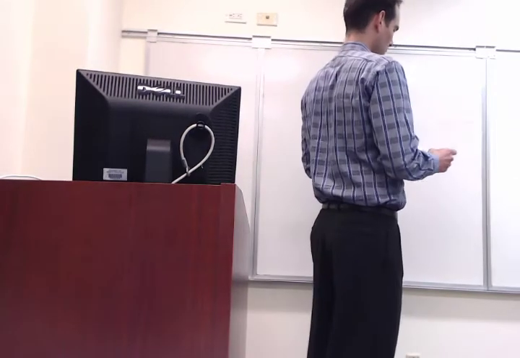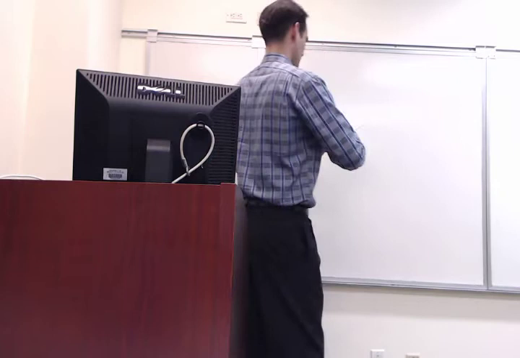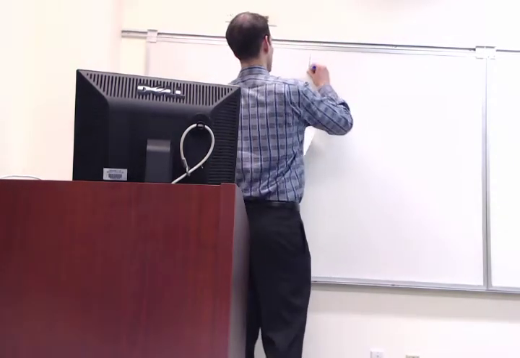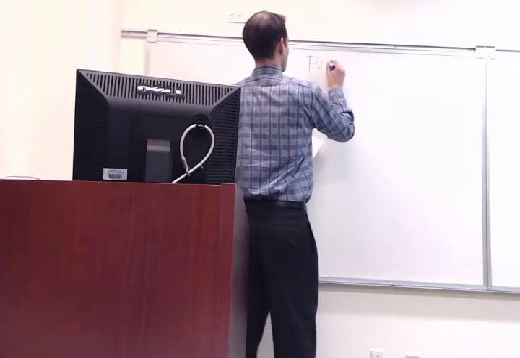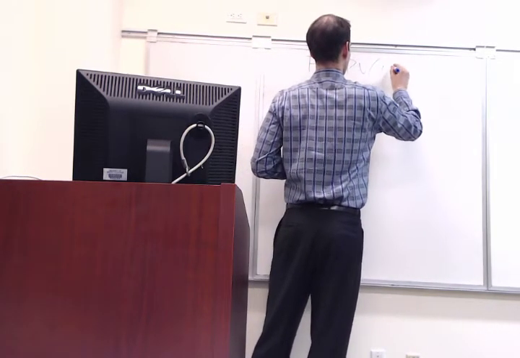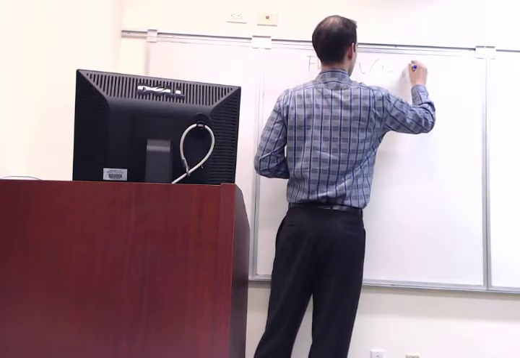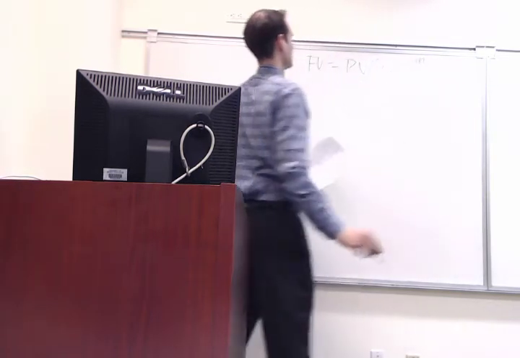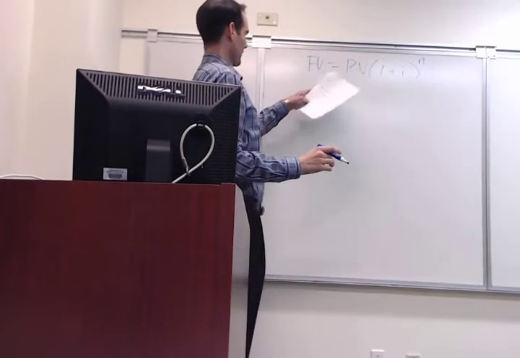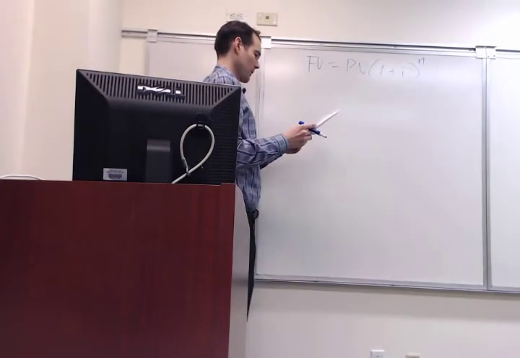All right, so let's look at our formula. Future value equals present value times (1 plus i) raised to the n. Every question we've talked about so far can be plugged into that formula. So what do we know about our future value?